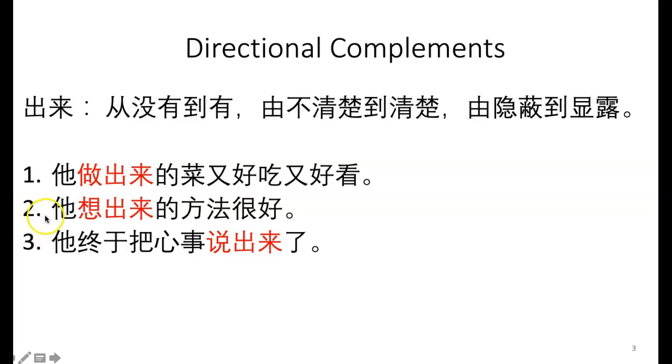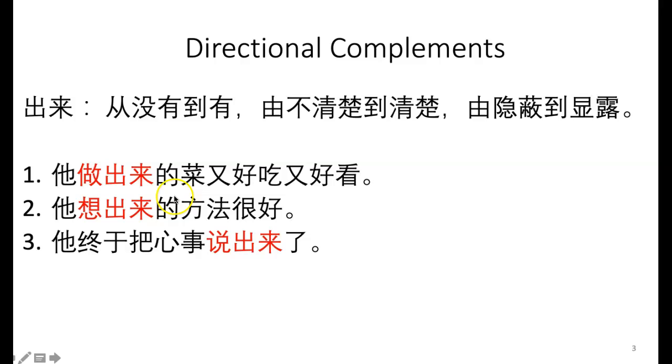那我们再看第2个例句，他想出来的方法很好。So he found out a really good solution. Now, before he started to really spend time thinking over it, there was no solution at all. But after he worked hard thinking it over, he found a way to solve the problem.